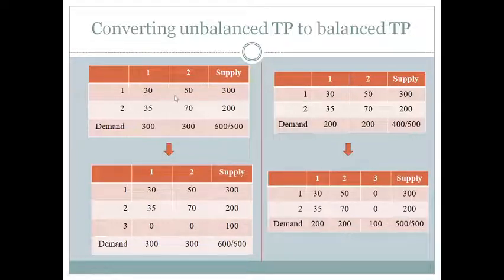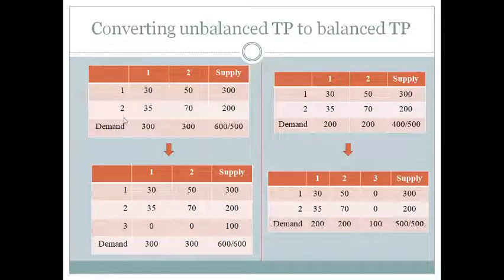I have taken both the examples, where demand is greater than supply and where supply is greater than demand. The first case is where demand is greater than supply. The total sum of demand is 600, and the total sum of supply is 500.